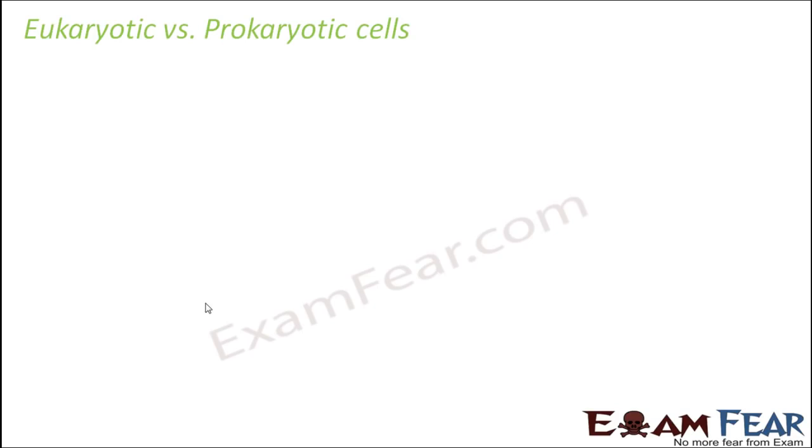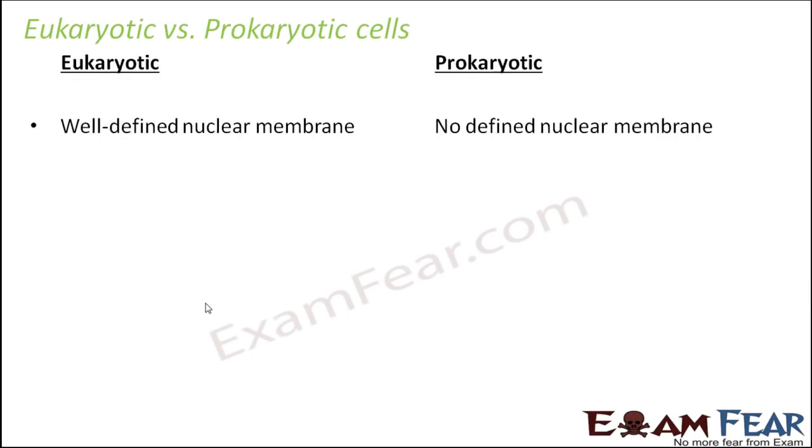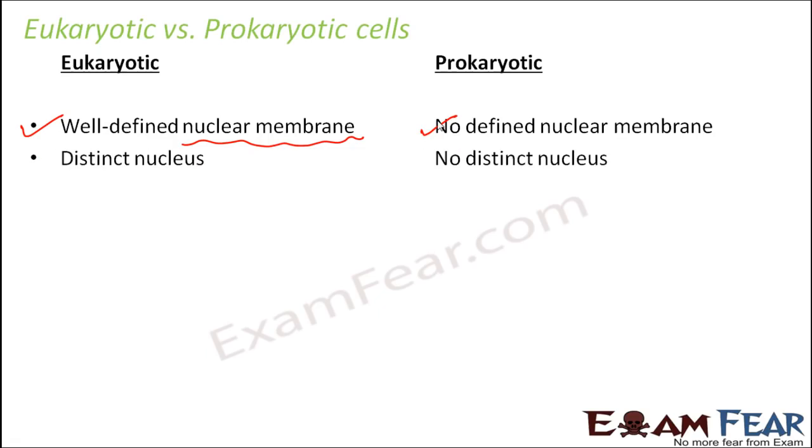So let us quickly have their distinction, because now you will be able to understand the difference between the two properly. Eukaryotic cells have a well-defined nuclear membrane. So now you know what a nuclear membrane is, the double-layered structure outside the nucleus which separates the nucleus from remaining things in the cytoplasm. Whereas in prokaryotic, there is no defined nuclear membrane.